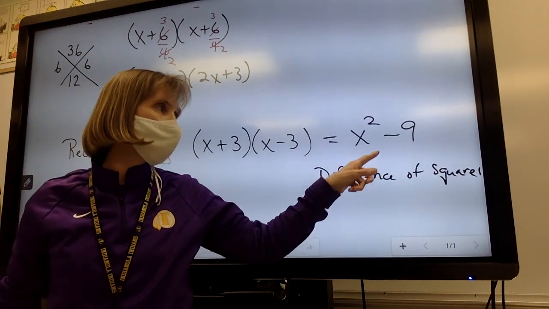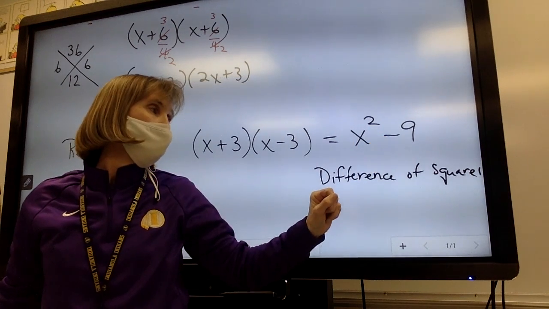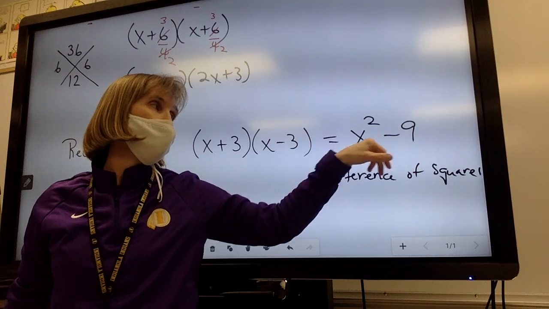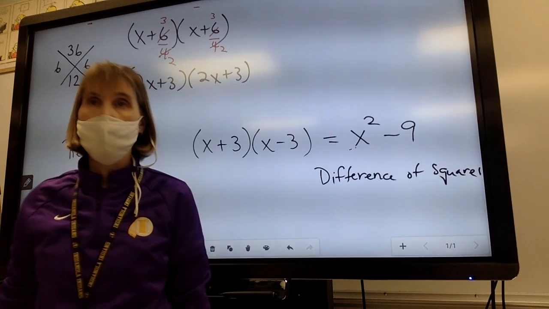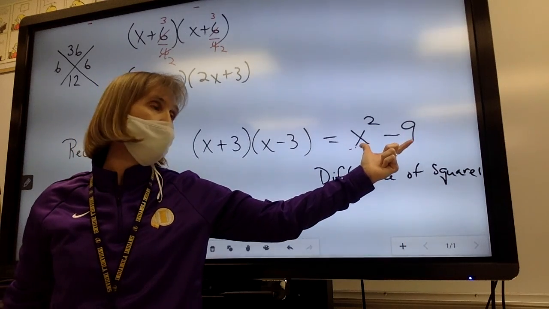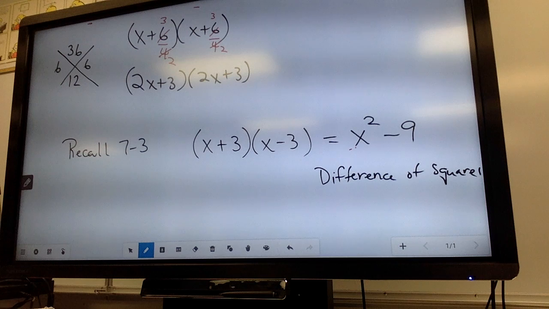Again, it's a difference because it's always subtraction. And squares, again, we have perfect squares. 9 is a perfect square, x to the second is a perfect square. What you're going to do is you're going to be given the binomial and you're going to work backwards and factor it into the two binomial factors.